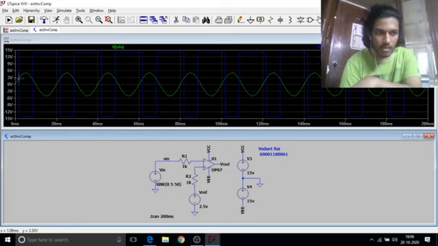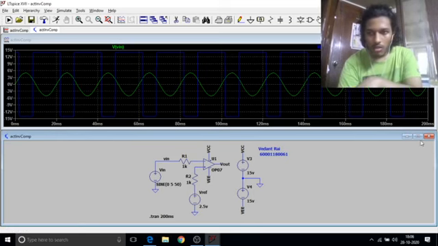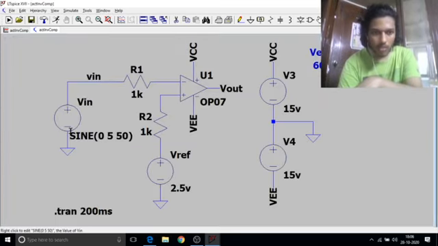So when the V input, which is a sine wave, goes above the 2.5 volts, the output goes towards negative saturation. Similarly, when it goes below the reference value, it goes towards positive saturation. We can change the frequency and see it.